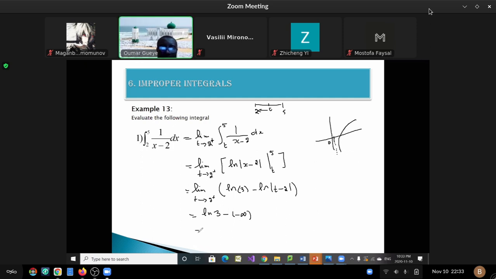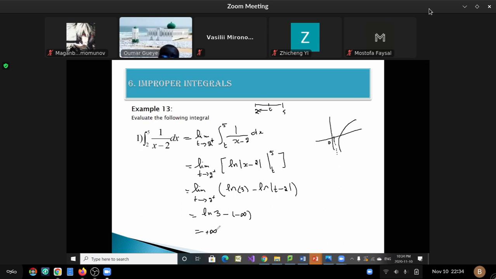And what's going to be the answer? Ln of 3 minus minus infinity is going to be positive infinity. In this case, is the integral convergent or divergent?